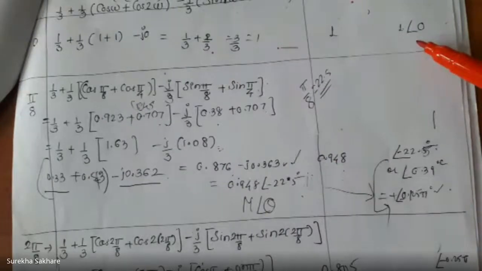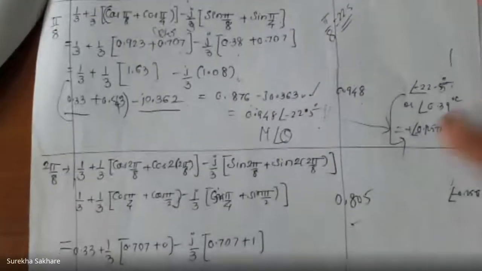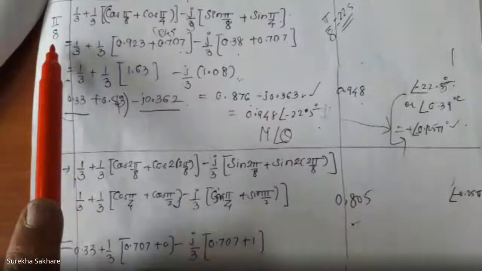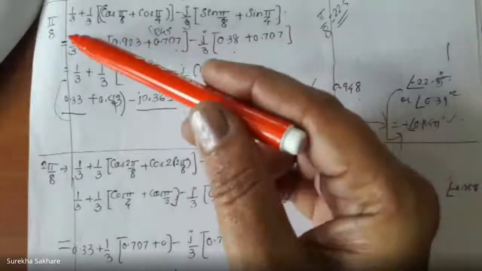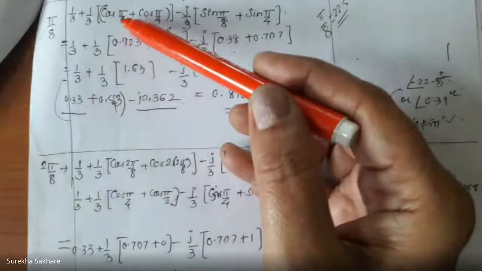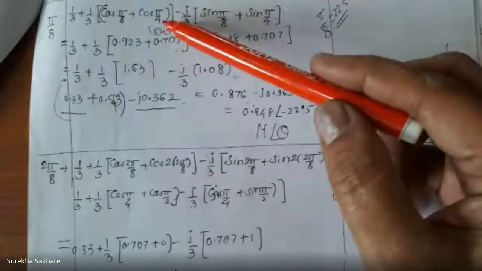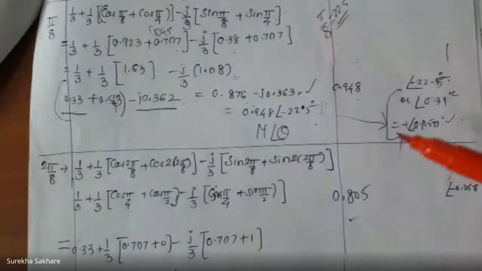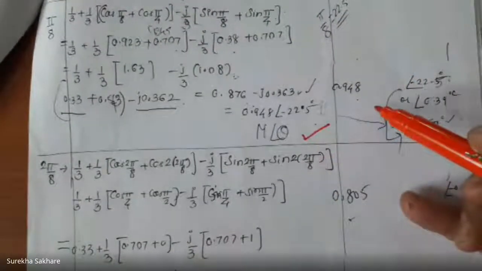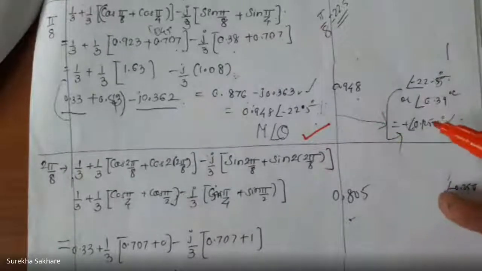Then we took omega in steps of pi by 8. What we did is, we took the value of omega as pi by 8, then we introduced the values and we tried to obtain these values. This also was obtained by us, is it not? Then I think I have tabulated the values.